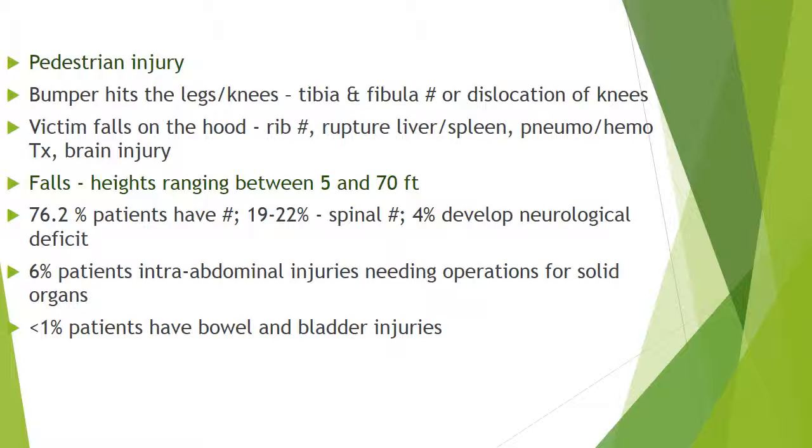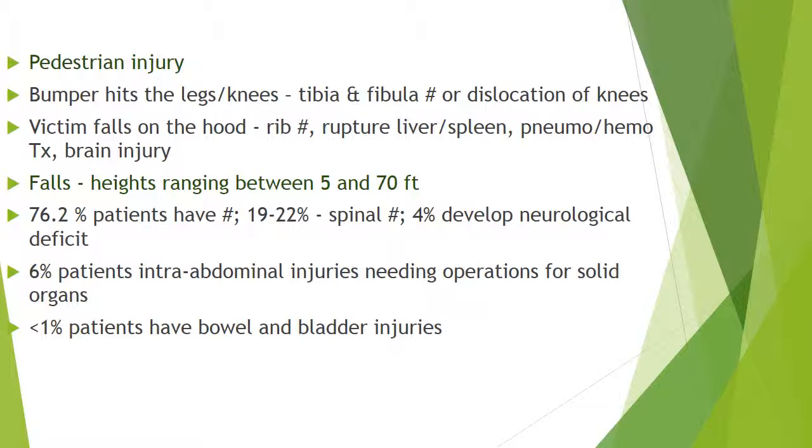When a victim falls, the height could range between 5 and 70 feet. Anything more than that could probably kill him instantaneously. During a fall, more than 76% of patients have fractures. 19 to 22% of them have spinal fractures, and 4% of them develop neurological deficits. 6% of patients have intra-abdominal injuries needing operations for solid organs, whereas less than 1% of patients have bowel and bladder injuries.